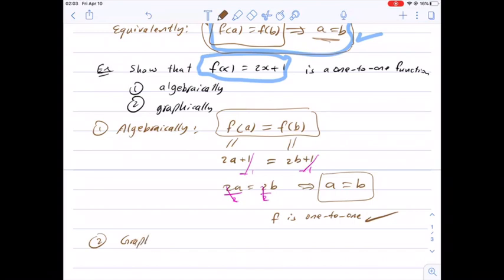Now let's show this graphically. Graphically, that means we apply the horizontal line test.